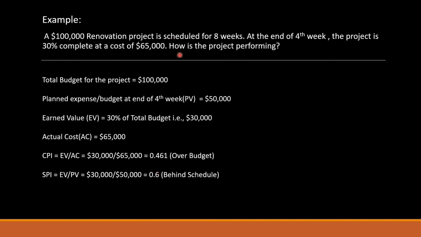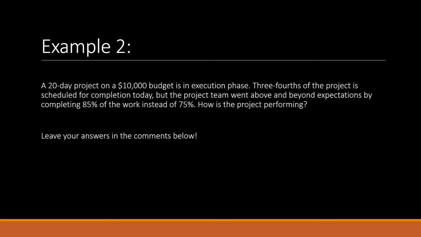So when the question asks you how is the project performing, you should be calculating the CPI and SPI. Having done the CPI and SPI calculation for this question, we know the project is over budget and behind schedule. There's one more question that I want you to solve and leave the answers in the comment section below.